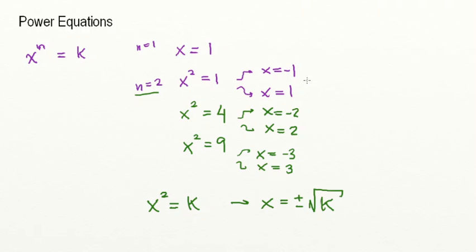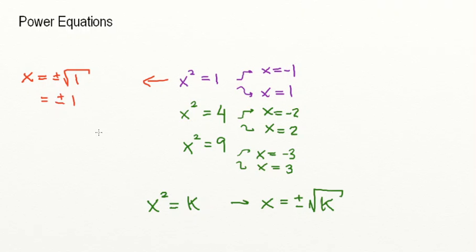Take a look. In this first problem here, x squared is equal to 1. So x is plus or minus the square root of 1. How much is the square root of 1? 1. So plus or minus 1, which were our solutions. What about the second case? x squared is 4.